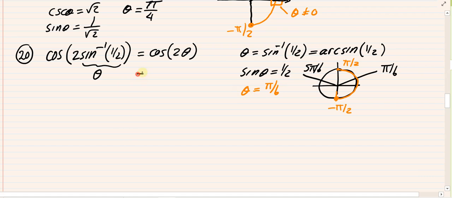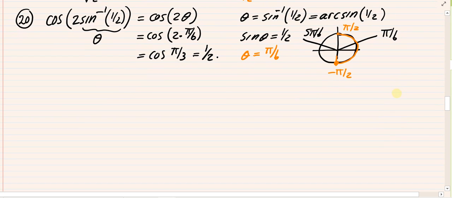And now this becomes cosine of 2 times pi over 6, which is cosine of pi over 3, or cosine of 60 degrees. That's a special angle, 1/2. So there's number 20.